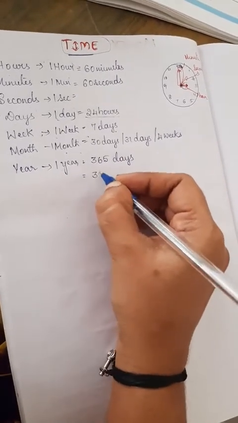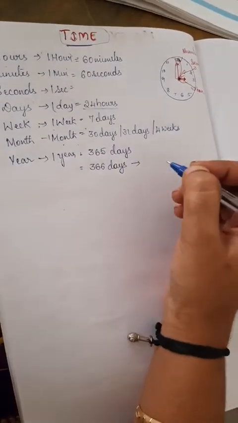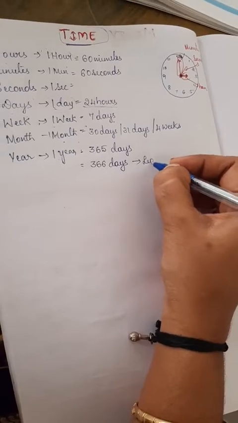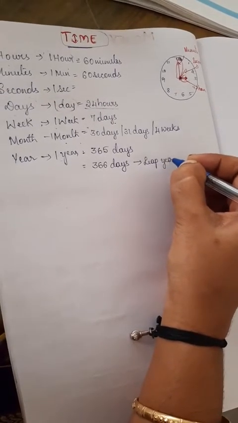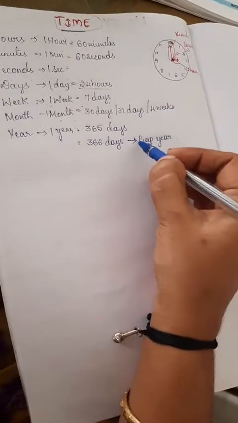In some years it will have 366 days. What are we going to call that year? It is called a leap year, right?